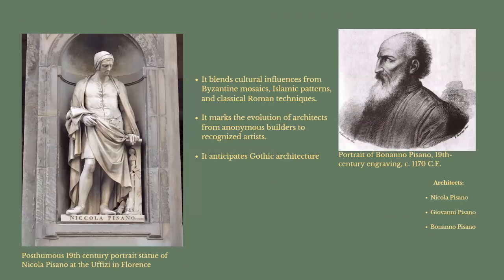And before we conclude, it's important to recognize how the Pisa Cathedral complex represents more than just Romanesque architecture. It also signals key transitions in art history. As one of the best examples of Romanesque architecture, it embodies the style that defined Western Europe from 1000 to 1150.